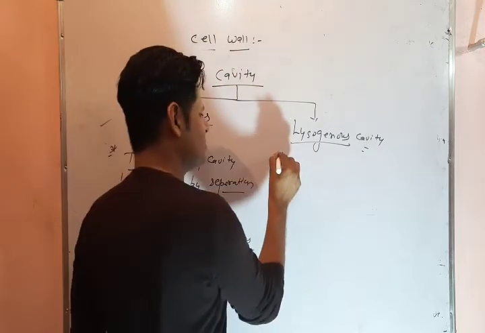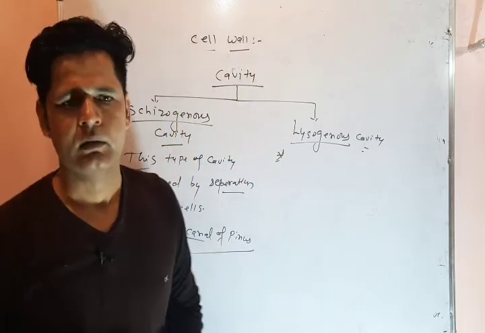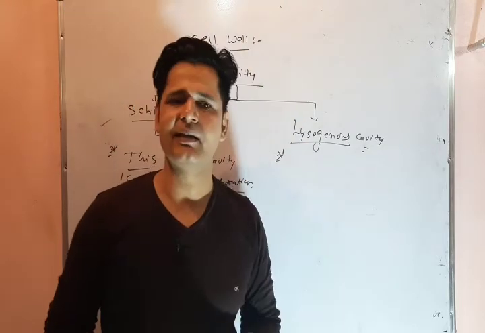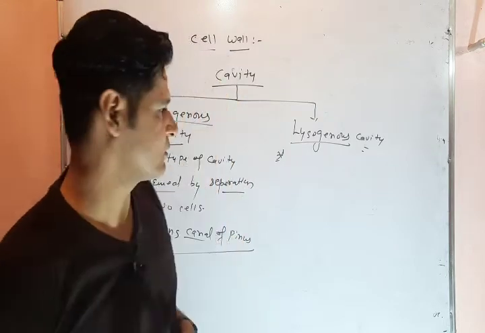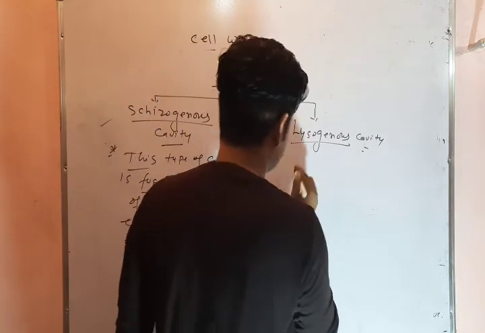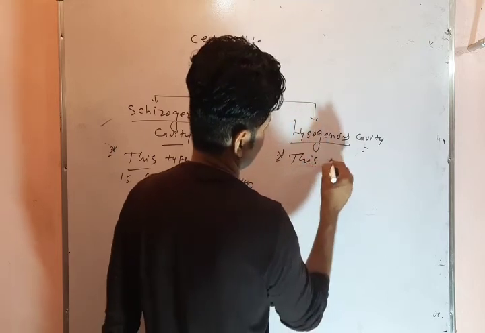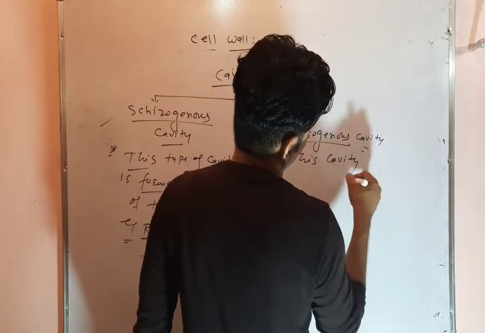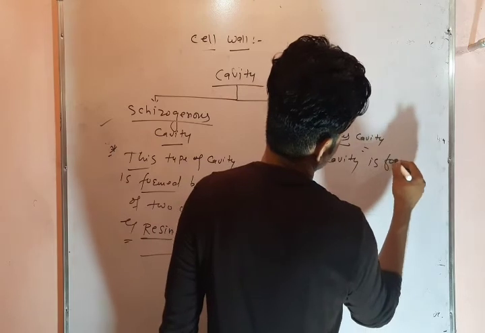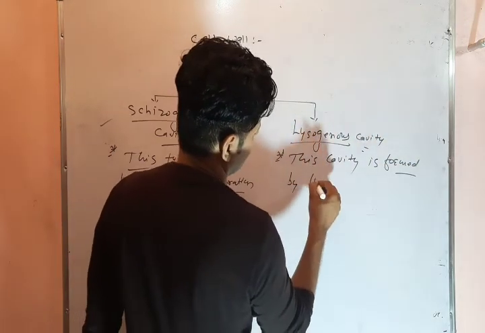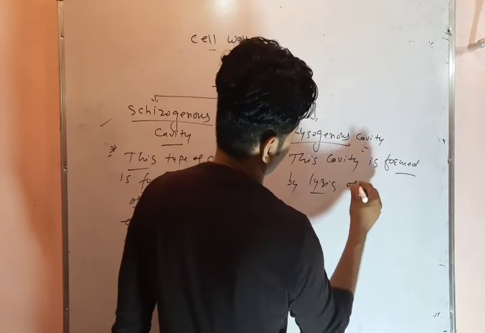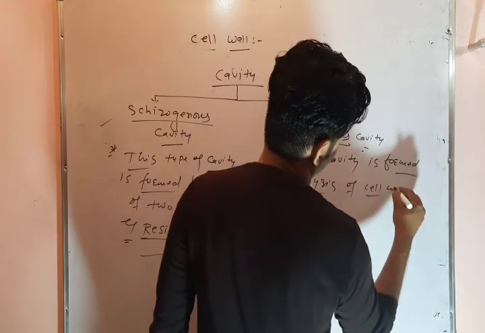Another is the lysogenous cavity, meaning this cavity is formed by the lysis of cell wall.